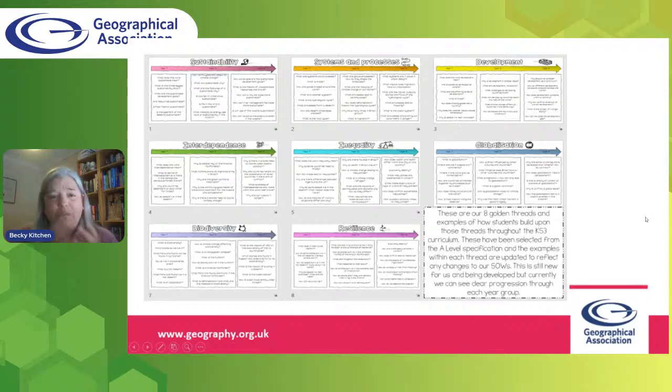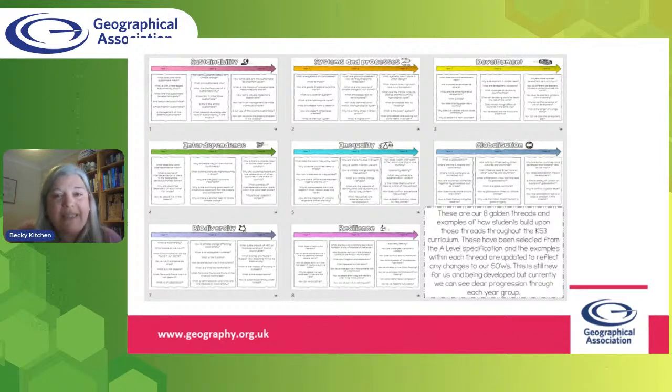So this is what this school have done. They've taken each of the concepts that appear in each of the units, and what they've tried to do is to sequence them so that there is progression between year 7, 8 and 9 with the concepts.